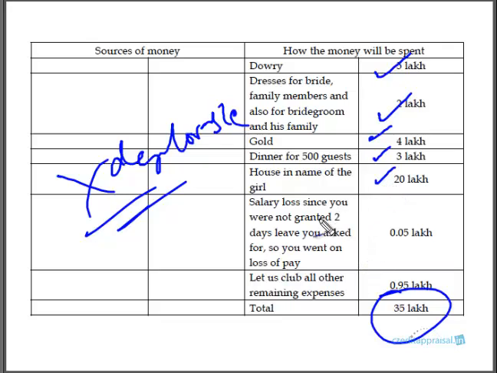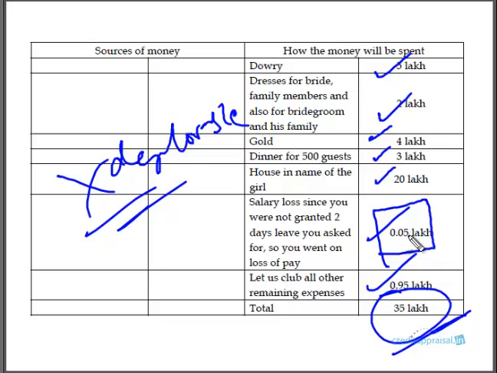And then a salary loss, since you are not granted 2 days leave, so you went on loss of pay. So that is another 5,000. And all other expenses, let us club together. Ultimately, we arrived at 35 lakhs. So the colleague's estimation is that for conducting this marriage, a total of 35 lakhs is required. Actually, this 0.05 lakhs is not required.